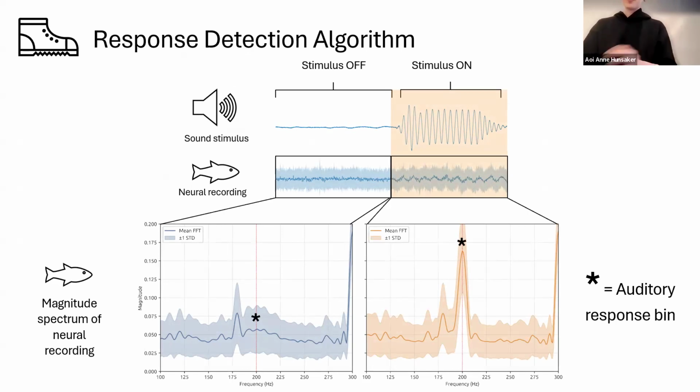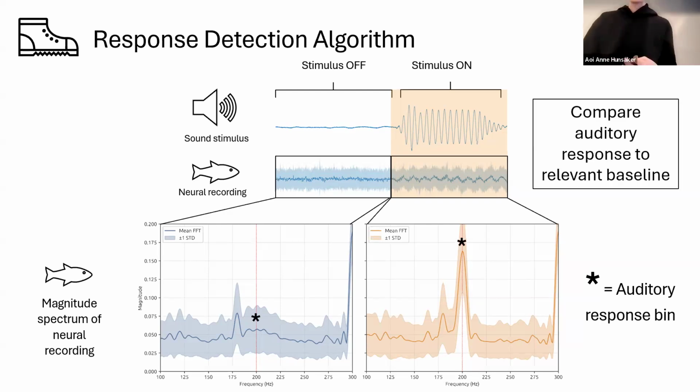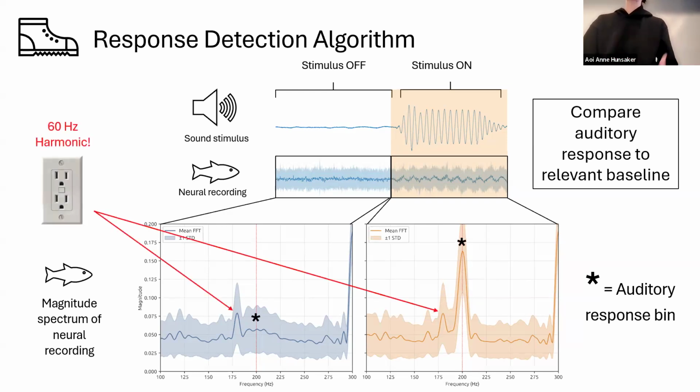So we're in FFT land now, and it compares these amplitudes. This comparison of the auditory response to a relevant baseline on a per trial basis is especially helpful when you have non-auditory signals contaminating your response, like 60 cycle noise coming out of the outlets.